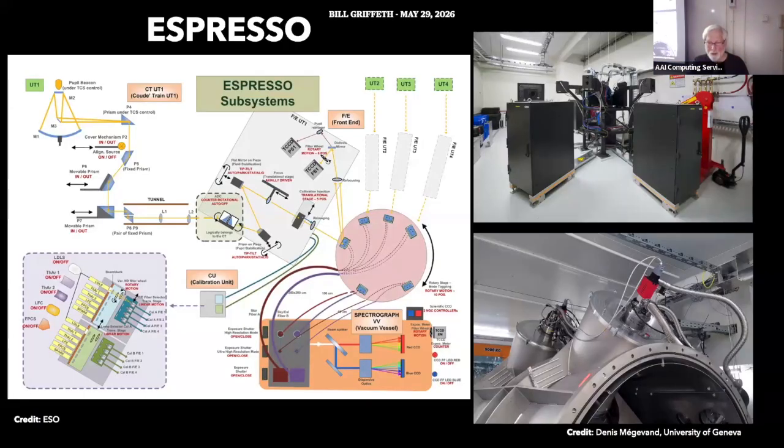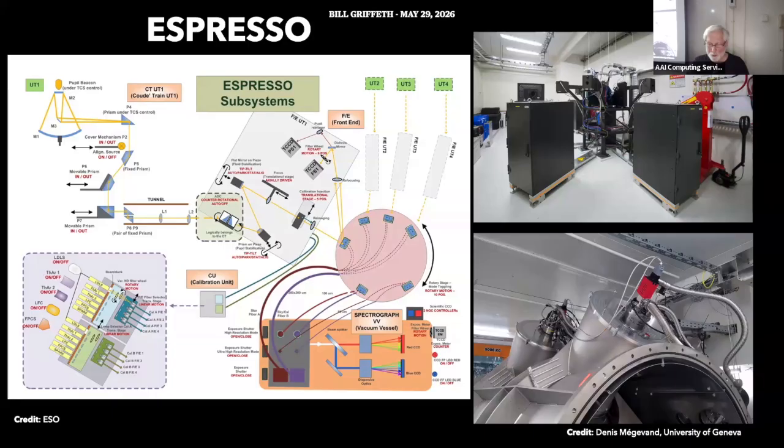This is a very busy diagram, so I'll go over it slowly. The four 8.2-meter unit telescopes at Paranal Observatory can operate together to form the Very Large Telescope for high precision interferometry, or for ESPRESSO, as the equivalent of a 16-meter telescope.